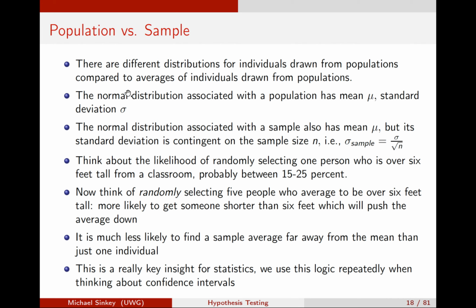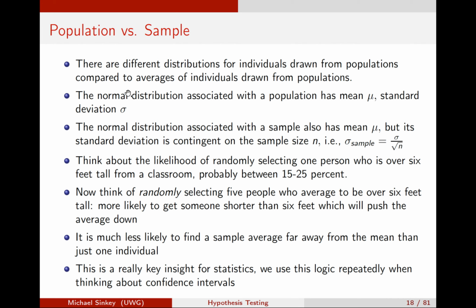From a practical perspective, what this does is push those sample averages closer to the mean. So if we take some people above and some people below, we'll get something that's kind of in the middle. This is a hallmark feature of the sampling distribution. So I always like to think of it in terms of randomly selecting people on height.